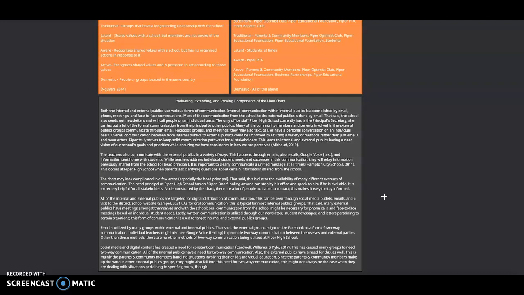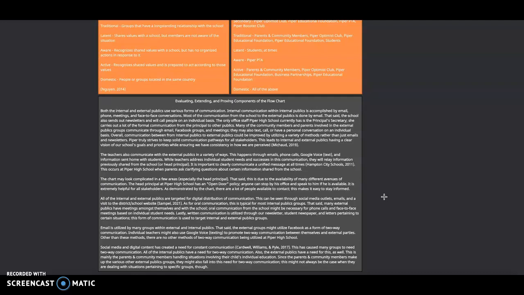And that said, social media and digital content has created this need for constant communication. Many groups need two-way communication, especially within the internal public section. I think it's necessary for us to do our job, really. But also, I've noticed that our parents and community members really don't seem to have a need for it unless they're talking about their child's individual education.